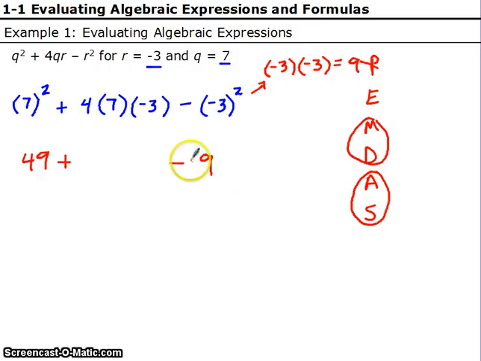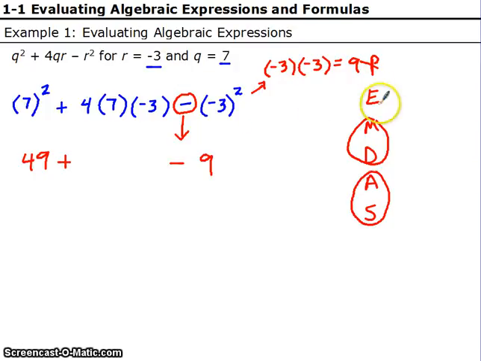Now, we still have a minus in front because of this minus right here. All right, but the negative inside went away. So it's not like minus a negative, it's just minus 9. All right, because those two negatives canceled each other out. All right, so that's just something, kind of a rule that you can remember. Anytime you square a negative number, it becomes a positive number. All right, that happens every single time.